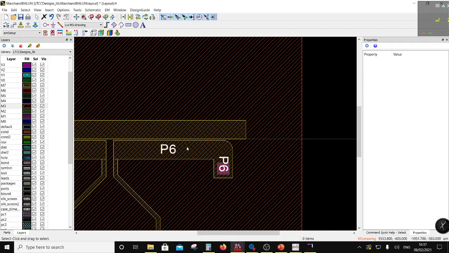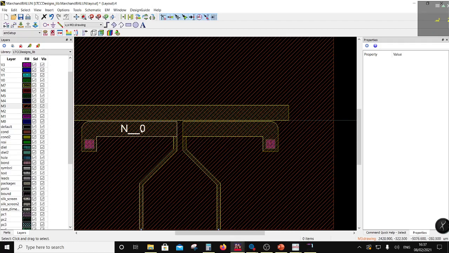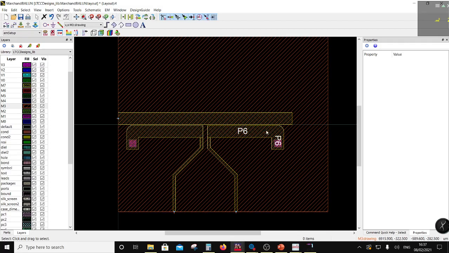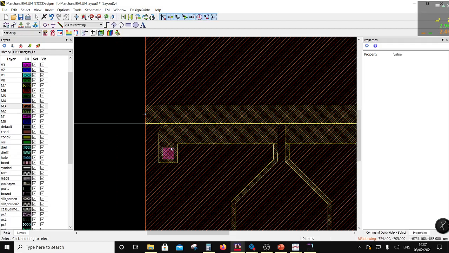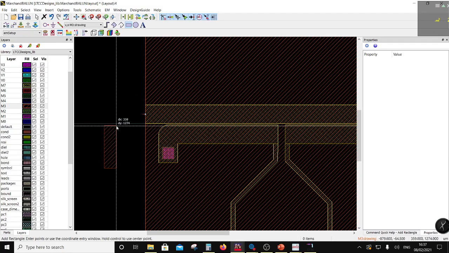It should be around 7,000, isn't it? So I have to make these bigger. This is 3,800, so 100 micron bigger.